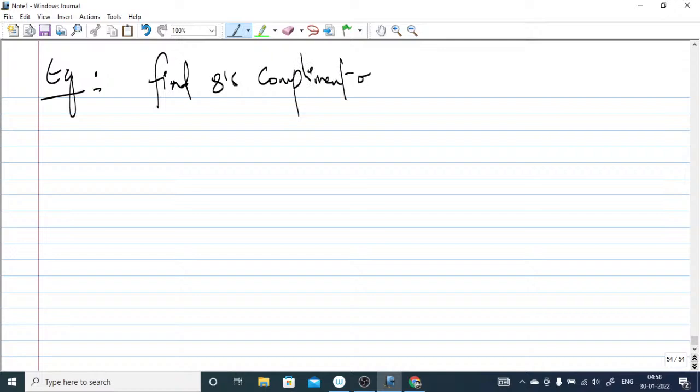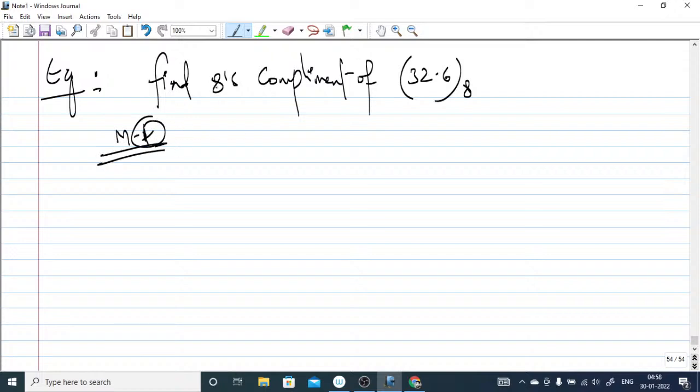Okay, suppose in the question, for example again, suppose you have to find the eighths complement of 32.6, and the base is 8, right? So method 1 you always have to prefer for the examination.